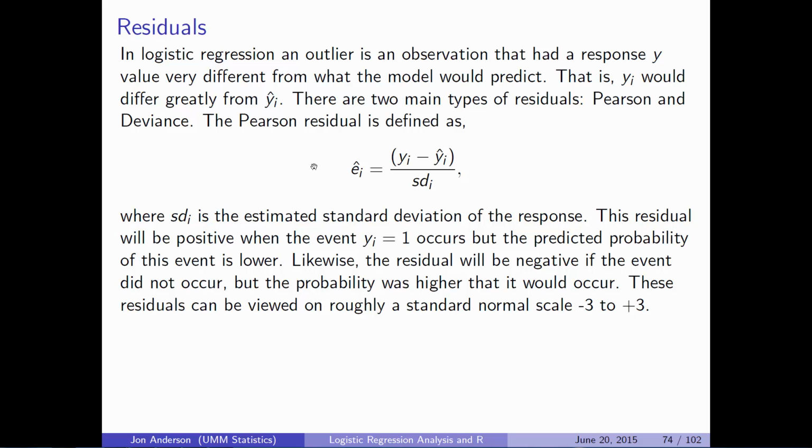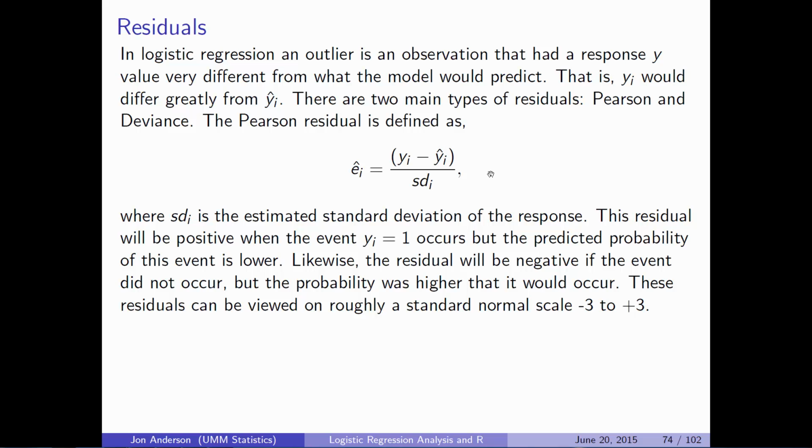So something might be an outlier if an event happened and y is equal to 1 for a case that we weren't expecting an event to happen. A real low probability case might show up as an outlier. The other direction is possible too. You might have a non-event at 0 for a case where you really were expecting something to happen, but it didn't.